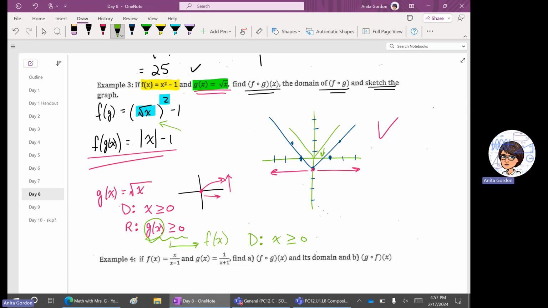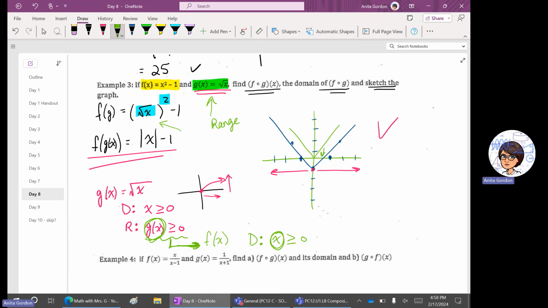Because remember, our g of x becomes our x for the f function. And I know it gets a little bit confusing when we're saying f of x and g of x and functions and notations and all of this stuff. So I really want you to focus on the idea that we're putting something into the g function. Whatever comes out of this function, the range of g, will be the domain of f.